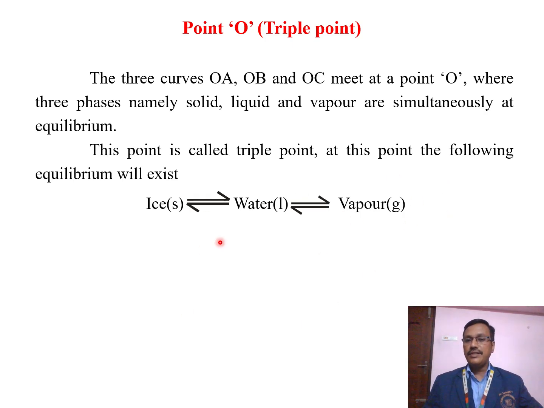Now can you guess what is the equilibrium for this? What is the degree of freedom? Let's try that. How many phases? Three phases. How many components? 1 minus 3 plus 2. What is the answer? 0.